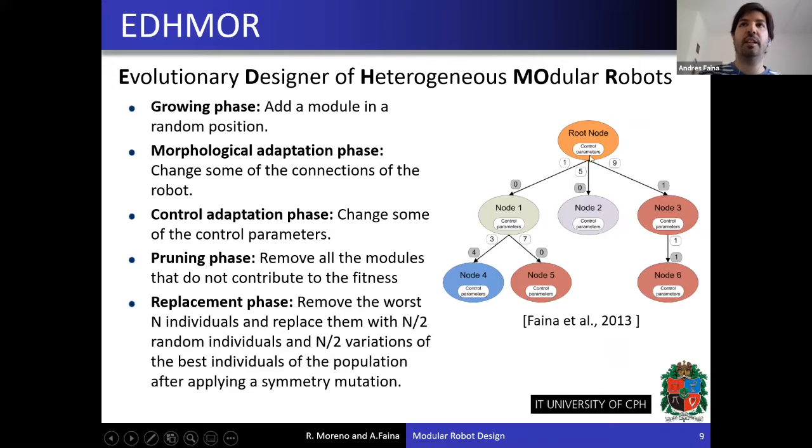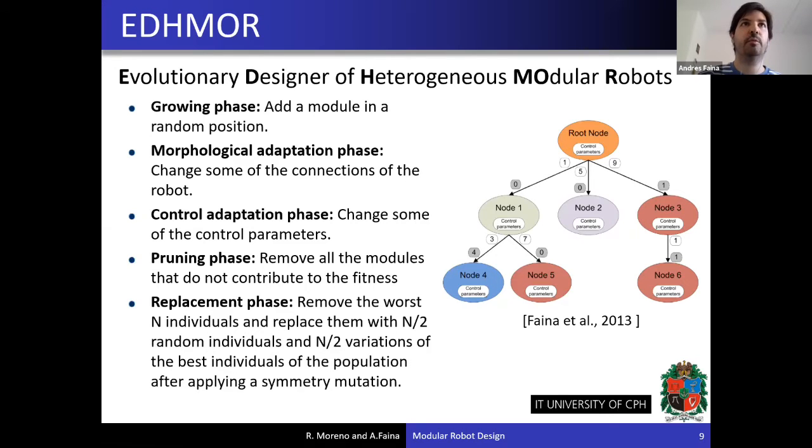The arrows, the connections between the nodes, represent where the child node is going to be connected to the root node, the face where it's going to be connected, and also the orientation about how it's going to be connected.